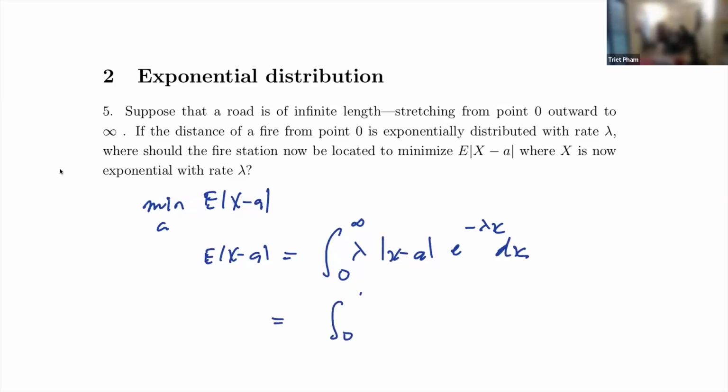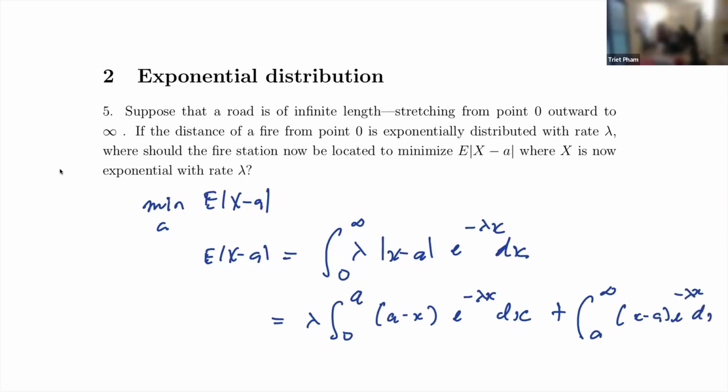Which is the integral from 0 to A of A minus x, lambda e to the minus lambda x dx, plus the integral from A to infinity of x minus A, lambda e to the minus lambda x dx. Sorry, this is A minus x in the first part. All right.